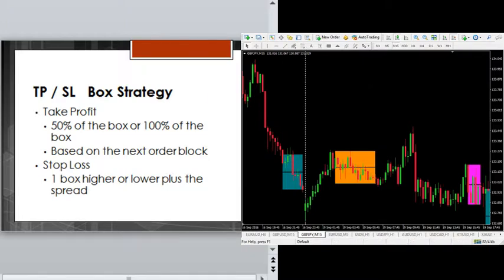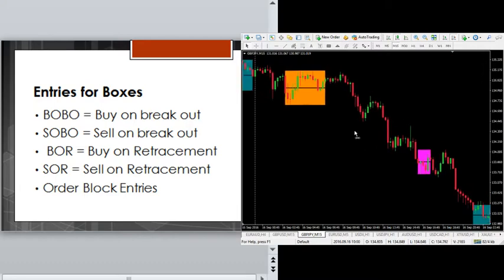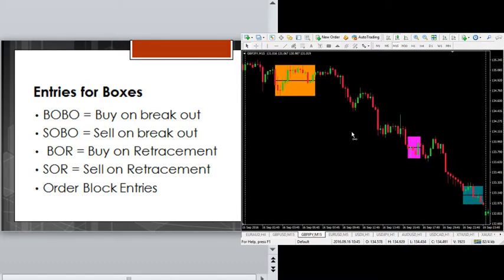So now let's get started on how we are going to trade based on the strategy of the boxes. As you can see here, I'm just moving my price, as if we didn't know what happened on the previous day. Let's assume that this is the pre-Asian box.